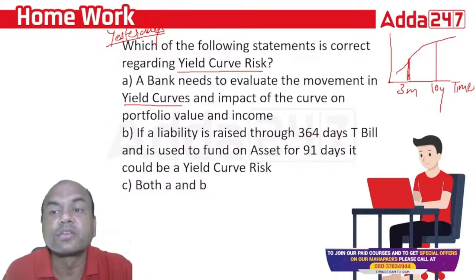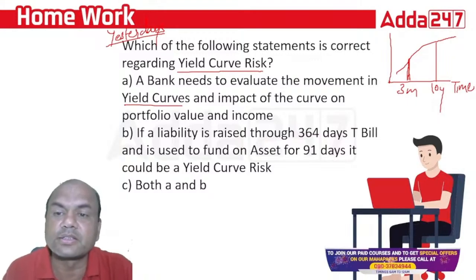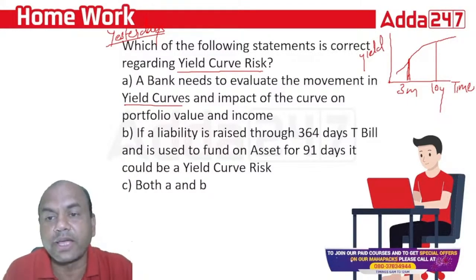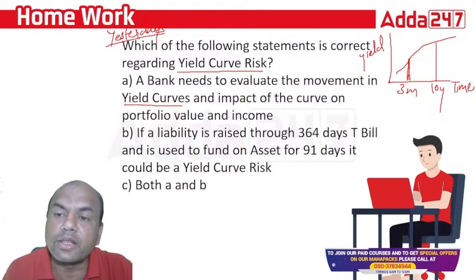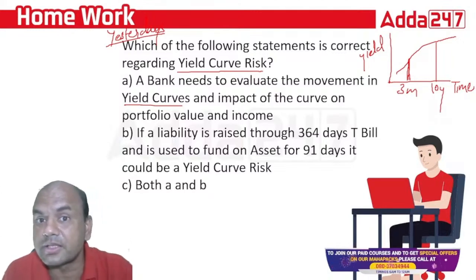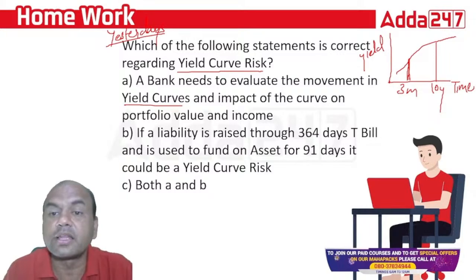On the y-axis it is yield, and on the x-axis it is time. So if I go on plotting the yields of various bonds from 3 months to 10 years of the same rating, this is very important, then the curve which I get is known as the yield curve.